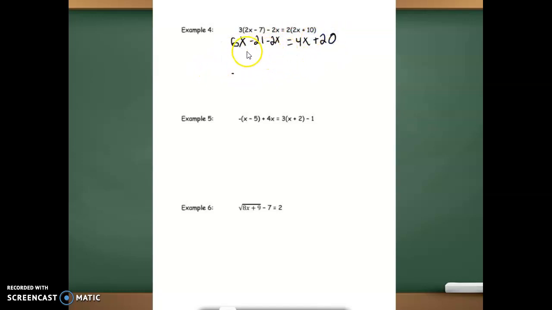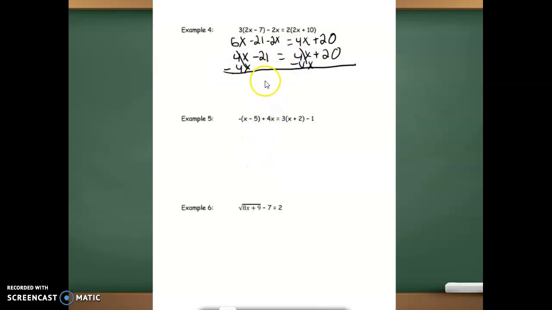So far so good. Combine the x's, 6x minus 2x. And something funny's going on, huh? Look at what happens next. I subtract the 4x. Hey, how can I get an answer if I don't have an x?